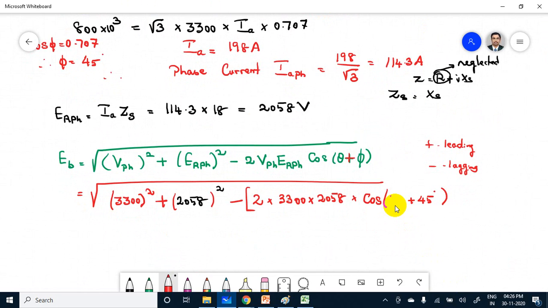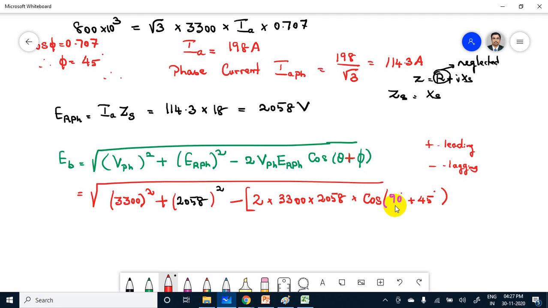Now how do we calculate this theta? The theta value should be 90 degrees.